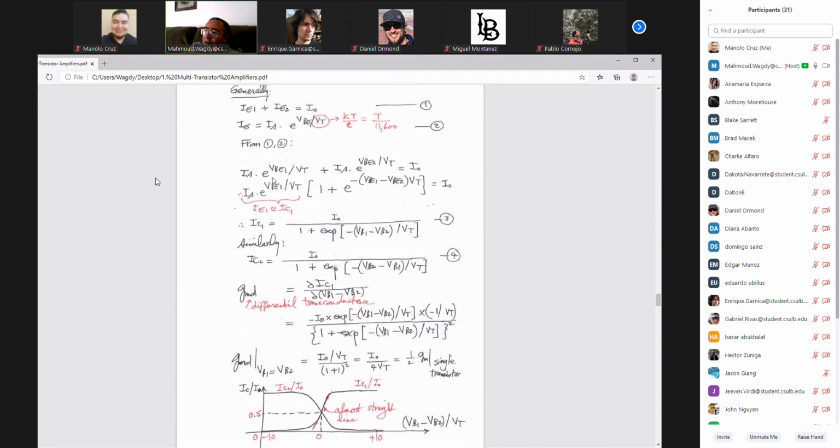Now, from equations 1 and 2, we're going to get this equation, and we can take a common term out of this equation, leaving this bracket alone. So we end up with IC1 equal to such and such, and IC2 equal to such and such.